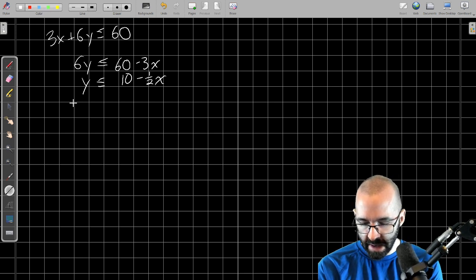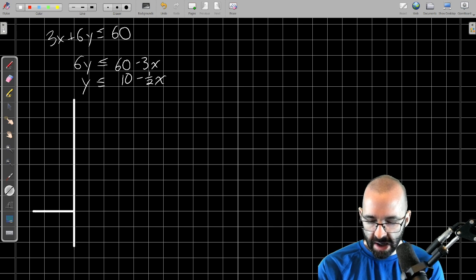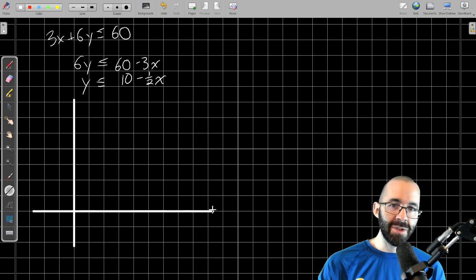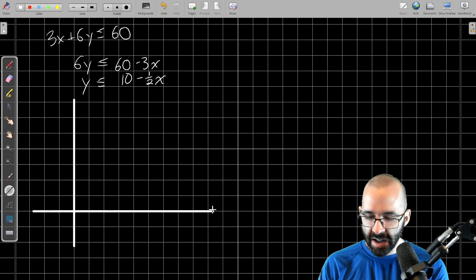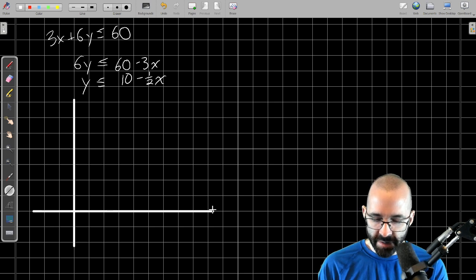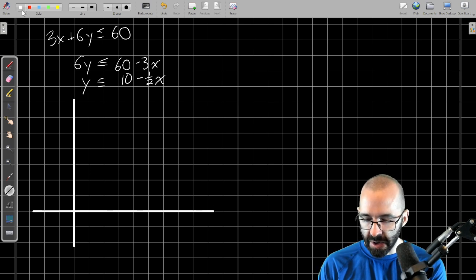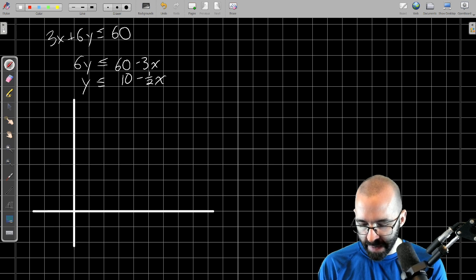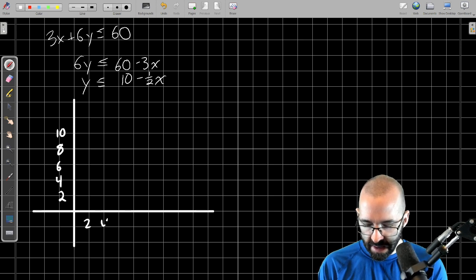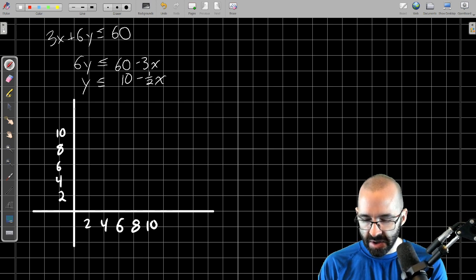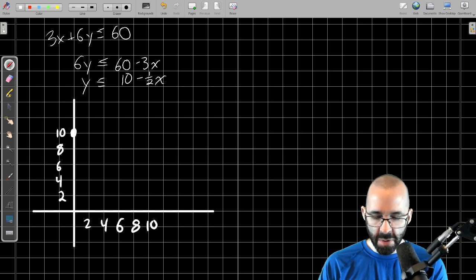All right. So I like this program because I don't have to graph straight lines. It can do it for me. Let's have this first one be a white line. We're starting at 10. So I'm going to say, okay, let's say this is 2, 4, 6, 8, 10. We'll use the same scale. We start at 10 and the slope is -1/2.